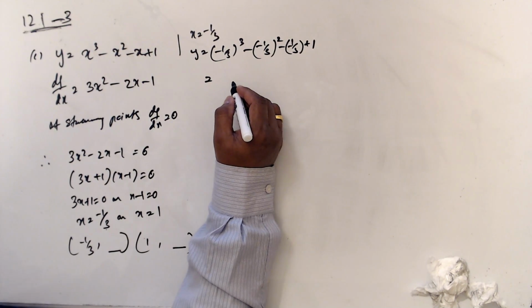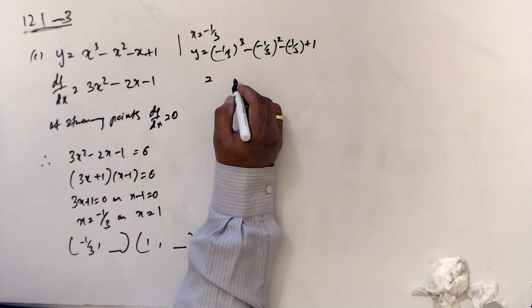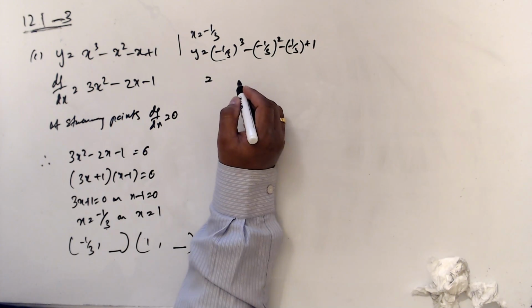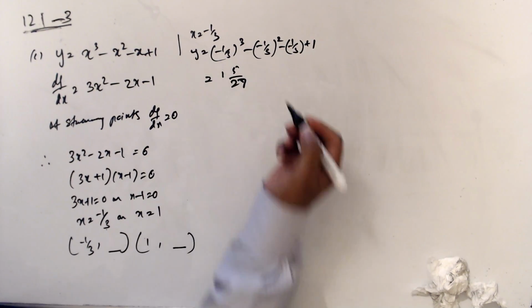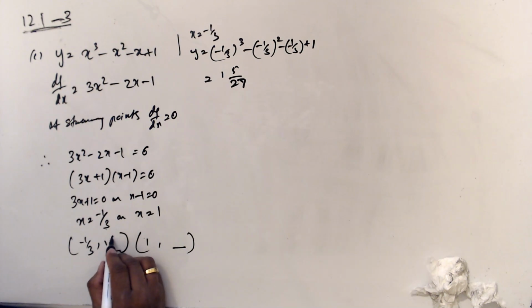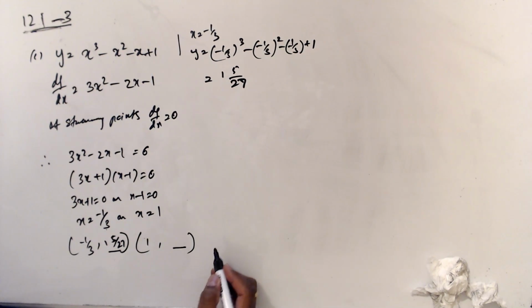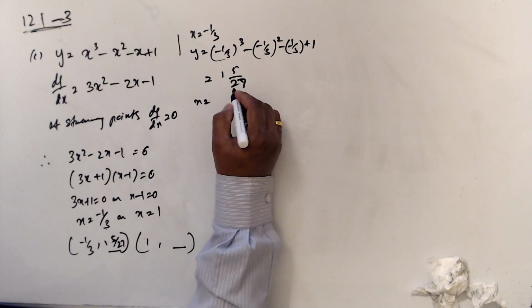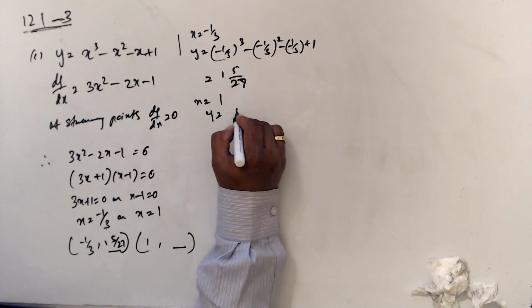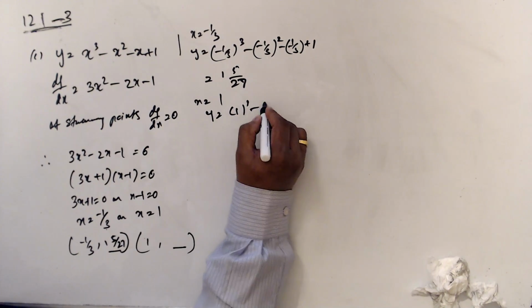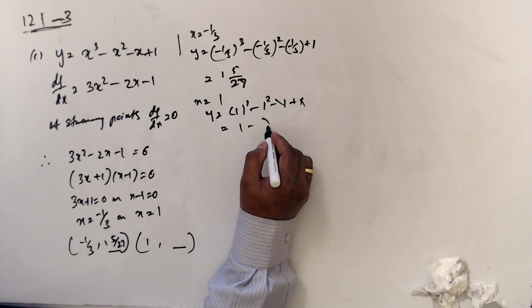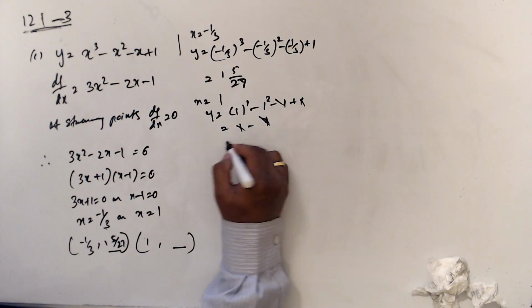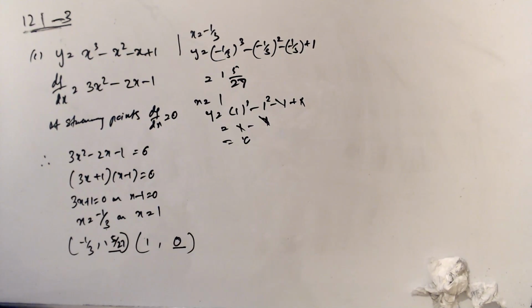When you calculate this, you will get the answer 15 over 27. And when x equals 1, y equals 1 cubed minus 1 squared minus 1 plus 1. This cancels out, 1 minus 1, so this is going to be 0. So the point is 1, 0.